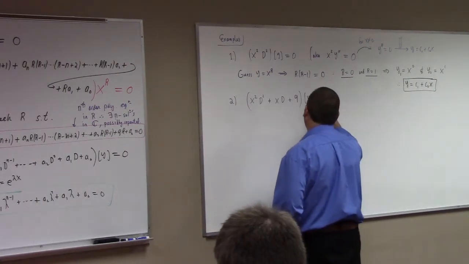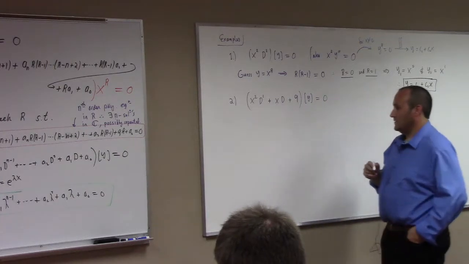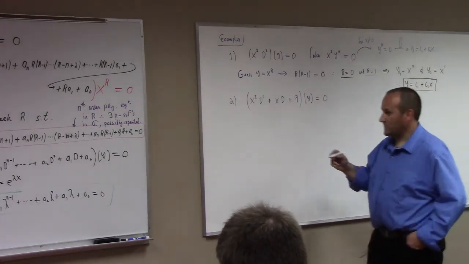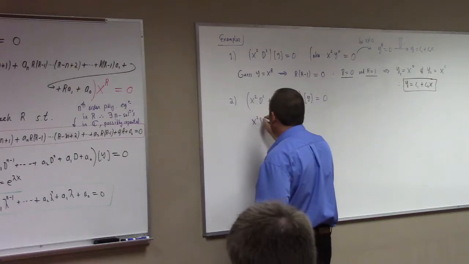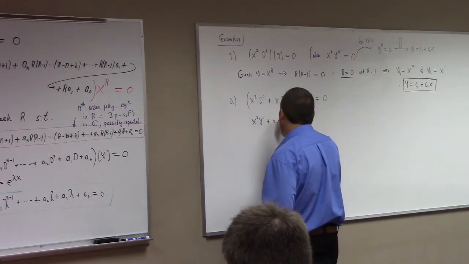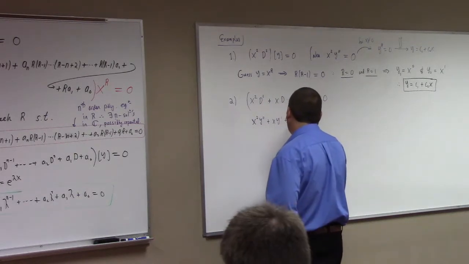That should work for me. In the prime notation, this is the differential equation x squared y prime prime plus x y prime plus 9y equals 0.